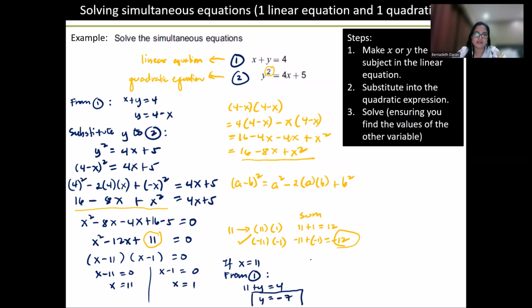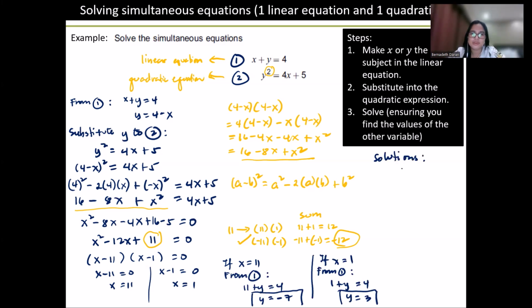And then if x is equal to, what's the other one? 1, then again, from equation 1, we have 1 plus y is equal to 4, or y is equal to 3.